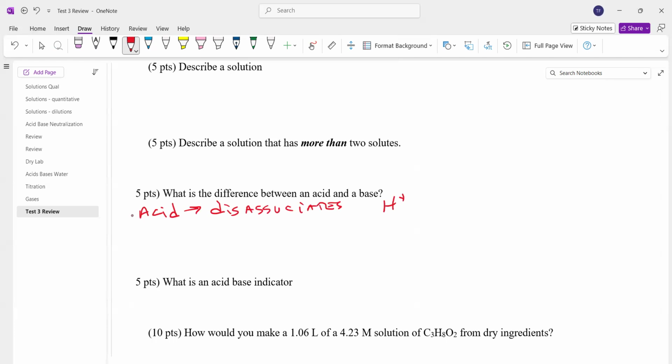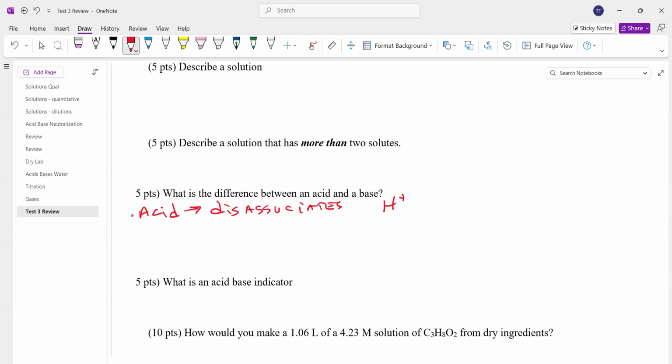And remember, there are many definitions of acids. In your next class, they're probably going to talk about at least 3 definitions. Sometimes they'll say proton donor. There's a lot of different definitions.